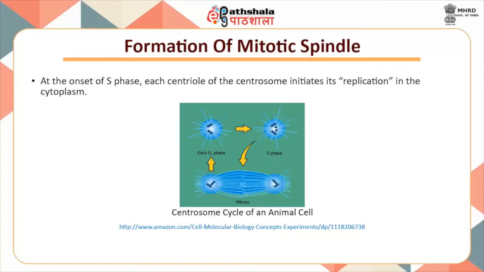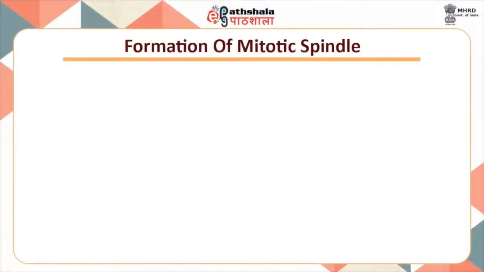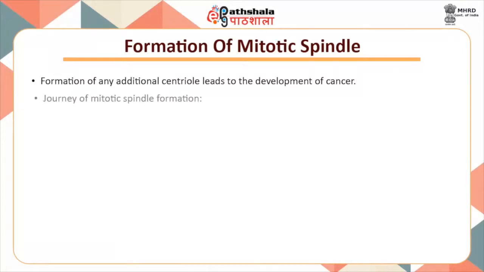At the beginning of mitosis, the centrosome splits. As they separate, the centrosomes organize the microtubule fibers that make the mitotic spindle. You'll be amazed to know that formation of even a single additional centriole leads to development of cancer.